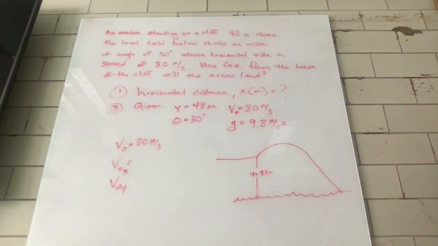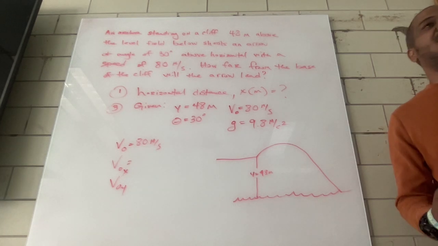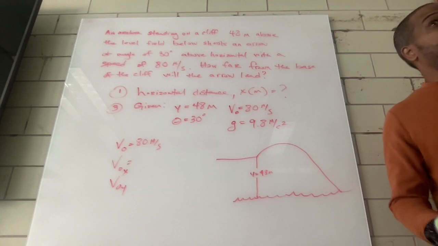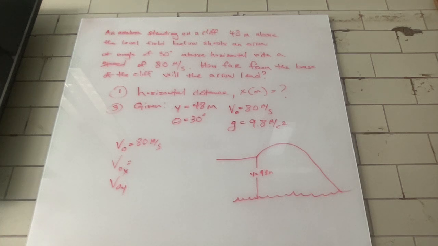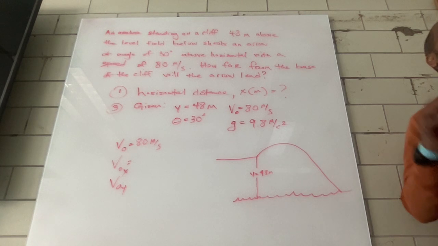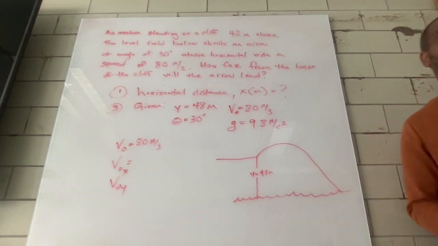That's not a complete sentence. Where the arrow lands doesn't tell me anything. Follow what I'm saying to you? I said, what are we looking for? You said where the arrow lands.